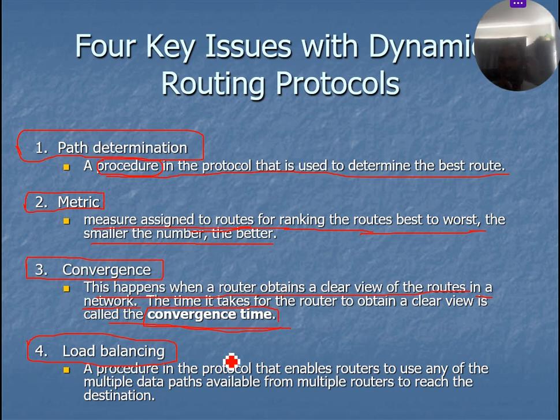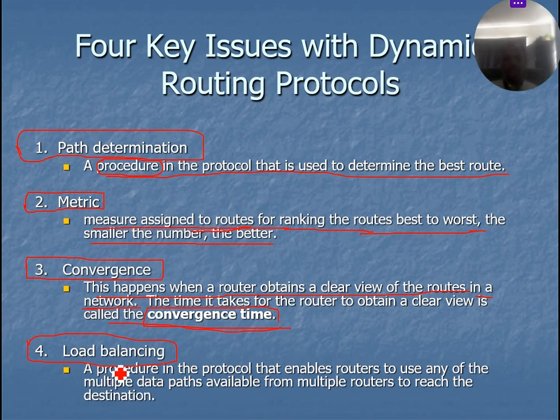Load balancing is a very key characteristic in dynamic routing protocols, because in dynamic routing you are not manually saying follow here or follow there. The routing algorithm, with the use of the routing table, is able to determine which paths are good to go or are free.